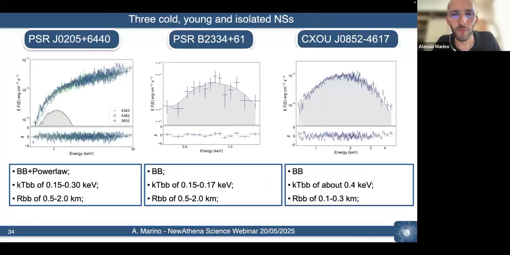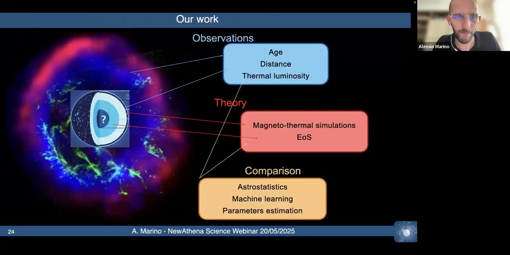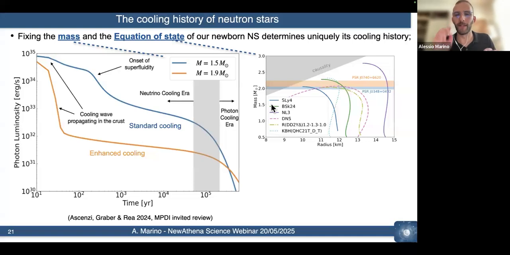So this was my slide. The X-teens, I think they have ages higher than 10 to the 6 years, so they're pretty old. When they're so old, we are not in the neutrino cooling era, but we are in the photon cooling era. So it means that we cannot really appreciate if these sources have experienced enhanced cooling or not.